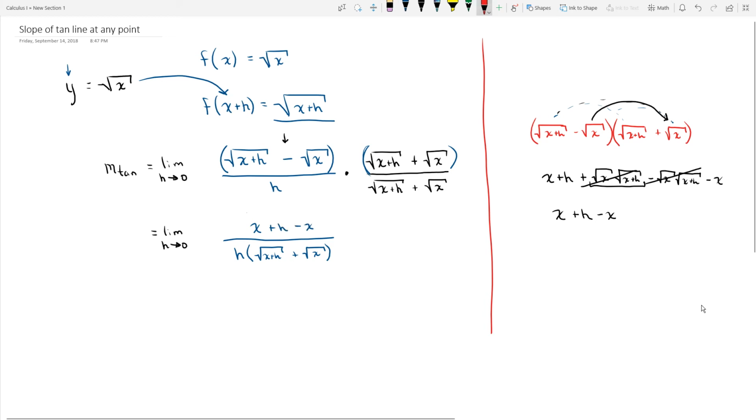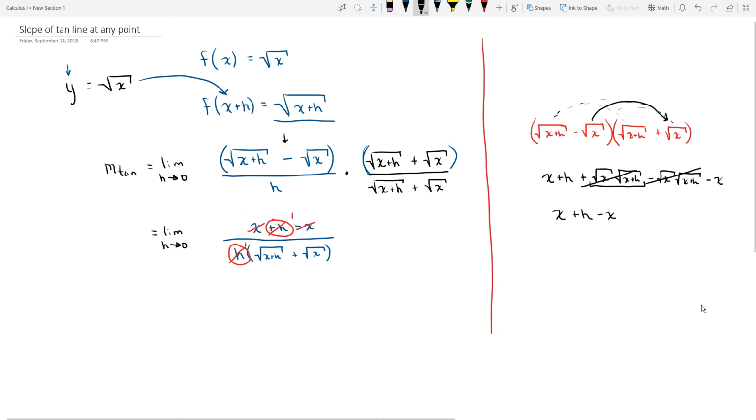So we can begin reducing now. We can see that a positive x minus x reduces to 0. We're left with a positive h, just h in the numerator. And since we have left this unfactored, we have an h here, and we can reduce that. That is not 0, but that is 1. So h over h is 1.